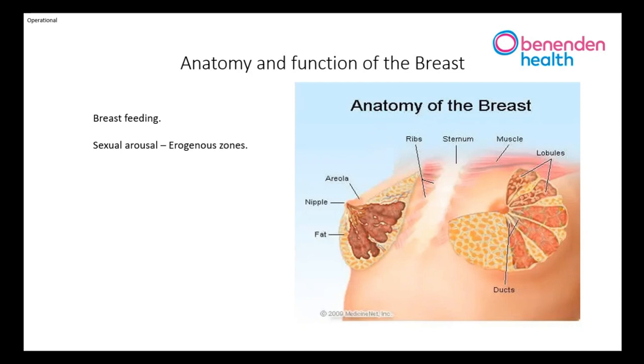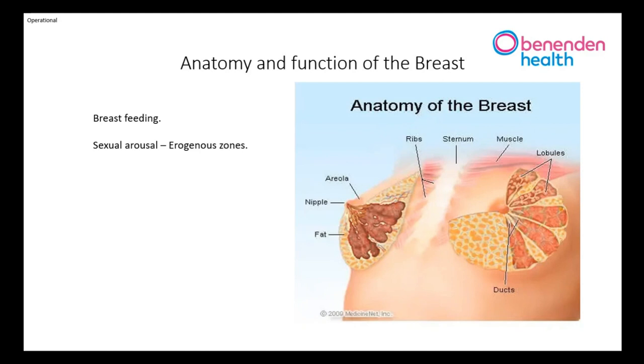Female breasts can produce milk for breastfeeding, and they also serve as erogenous zones or pleasure zones. Males also have breasts, but they don't serve the same purpose, though they do have that erogenous zone feature as well. The primary function of the female breast is to produce milk via a process called lactation. The milk provides infants with nutrition and helps to boost their immunity as well.